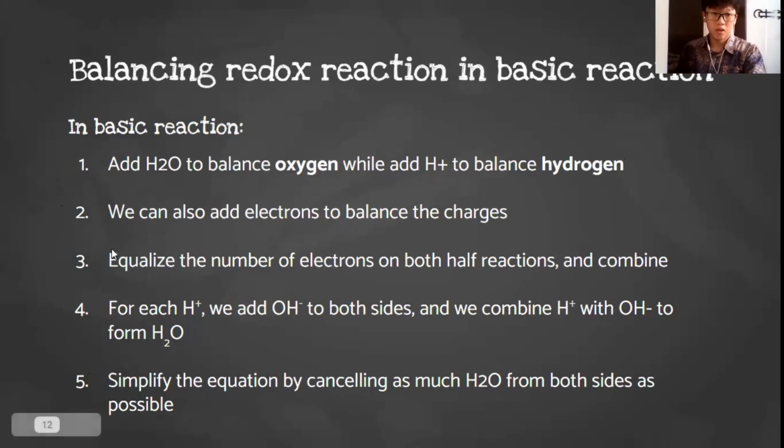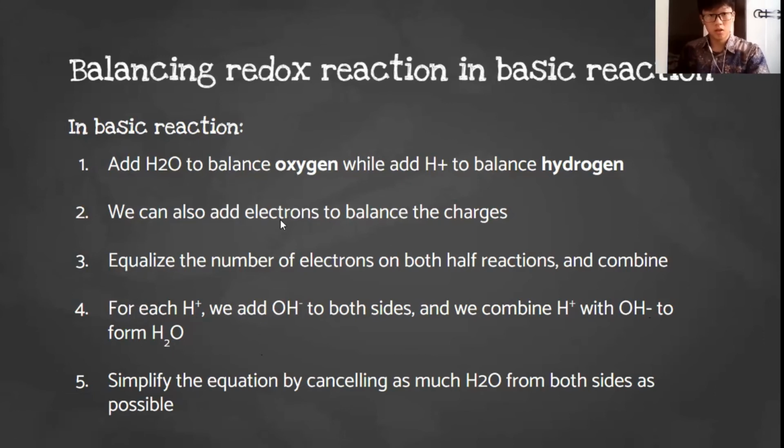As you can see here, steps 1 to 3 are similar to balancing a redox reaction in acidic solution, but for the basic one, there are two extra steps. Step number 4: for each H plus, we add OH minus, or hydroxide, to both sides, and we combine hydrogen with hydroxide to form H2O. And then we simplify the equation by cancelling as much H2O from both sides as possible.